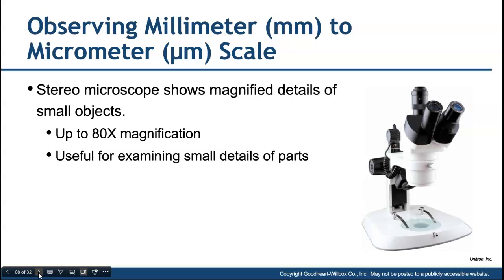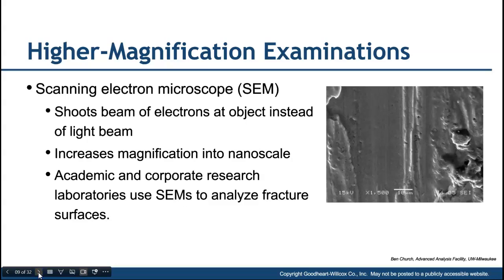If we are observing a millimeter to the micrometer scale, we do need special types of microscopes in order to magnify that and see those small features. At higher magnification, we're talking about scanning electron microscopes. These shoot beams of electrons at the object instead of a light beam, so it increases the magnification into the nanoscale.